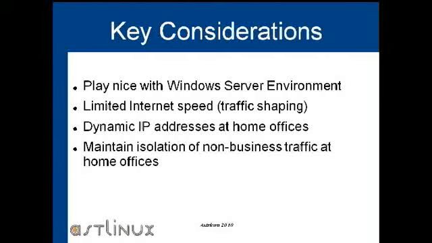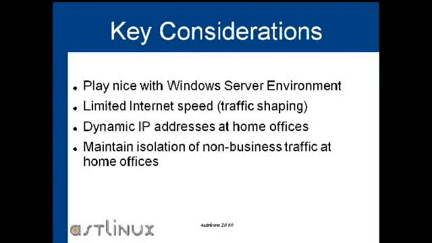Anything that's connected to one of the Ethernet connections on this device is going to be business related. Anything else is personal, and it's separated that way as well. So for that purpose, it works very well.